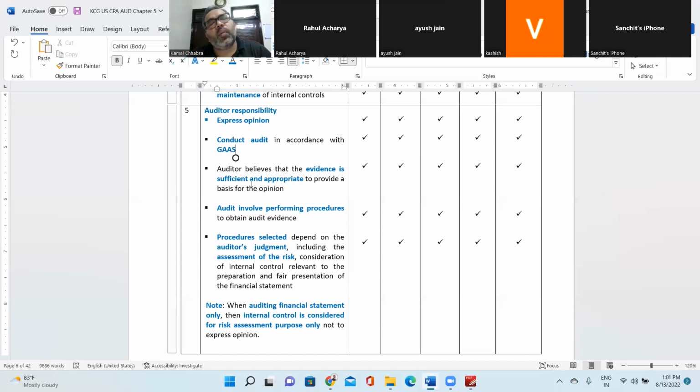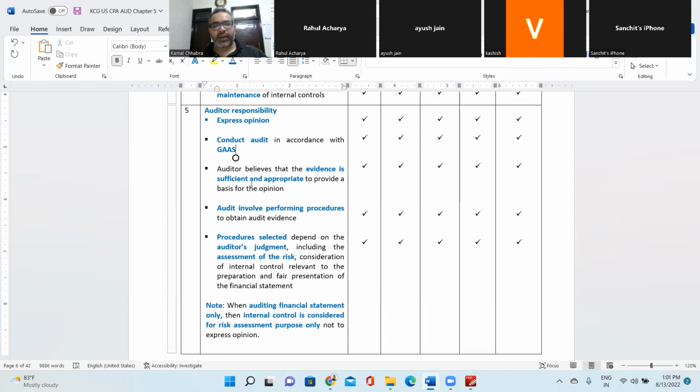Generally, you will be auditing only financial statements unless management asks you to perform the audit of internal controls as well. Then internal control is considered for risk assessment purposes only, but you are not required to express an opinion on internal control when you have been appointed to conduct the audit of financial statements only. Make sense?